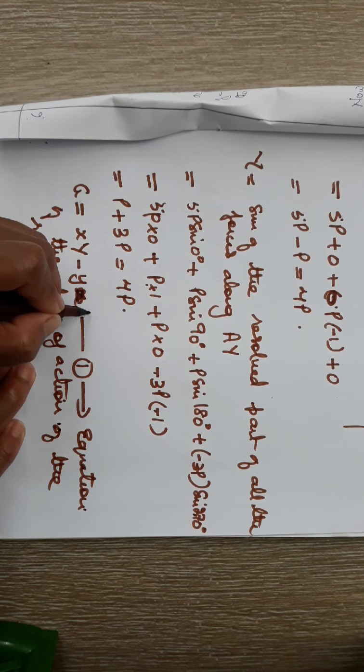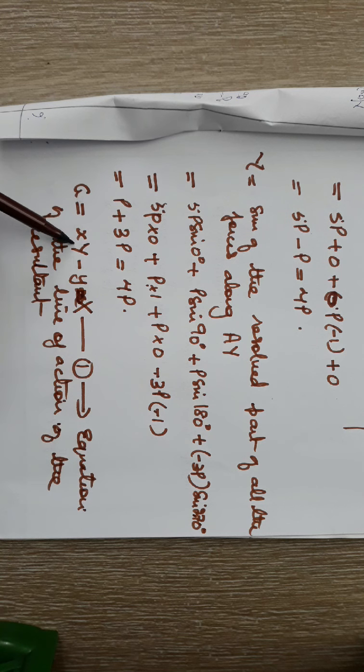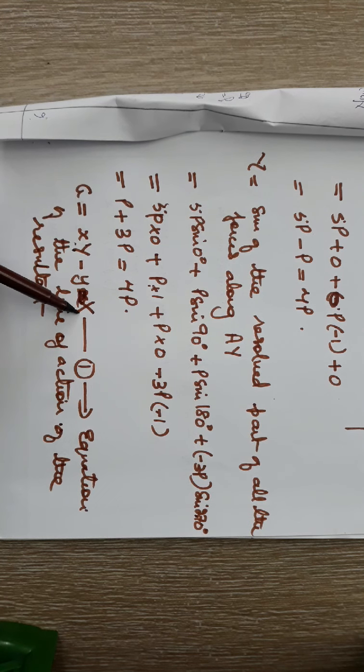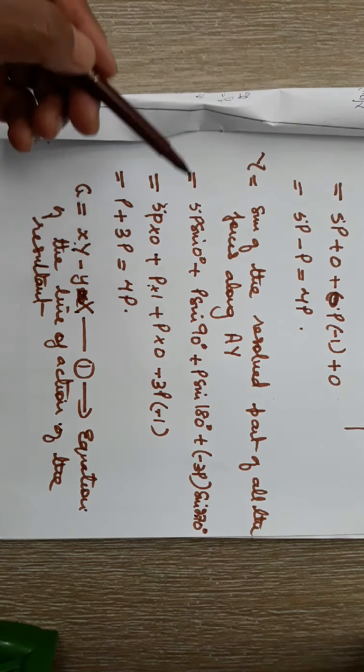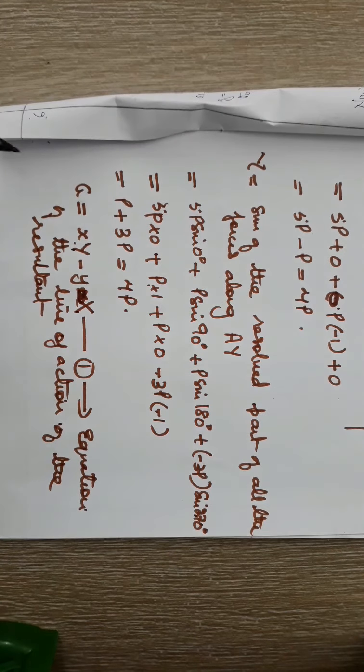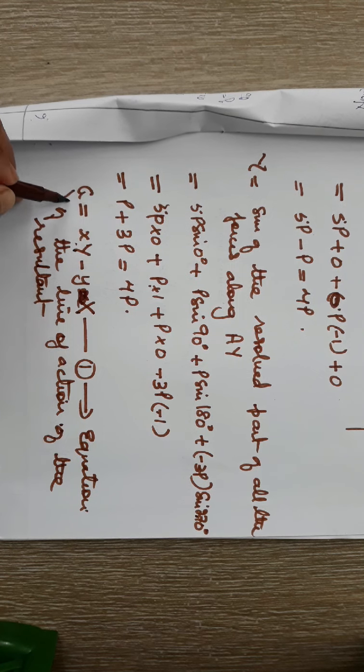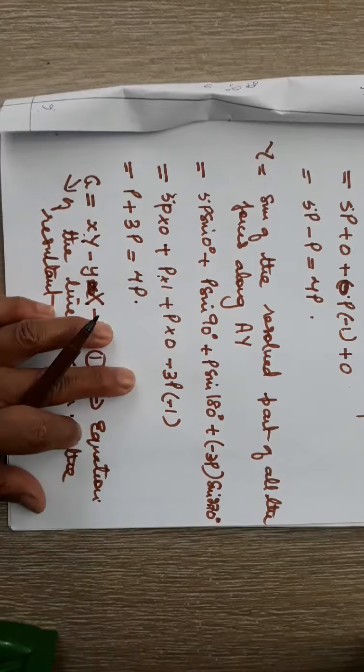Sorry, this should be capital X. Okay, so we have got the value of capital Y, capital X. Also we have got these two values from the above solution we have solved. Now what next we have to find is the value of G to obtain this equation of the line of action of the resultant.